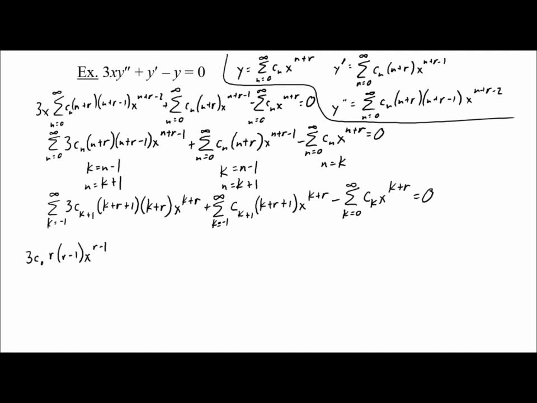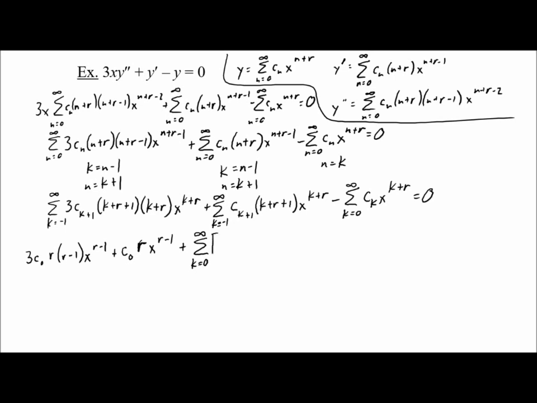I'm replacing all the k's with negative 1. The second term, again, plug in negative 1 for k, I get c0 times r, x to the r minus 1 power. Okay, now all the series start with k equals 0.